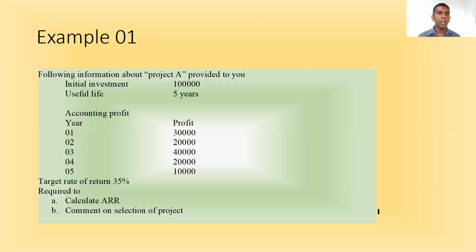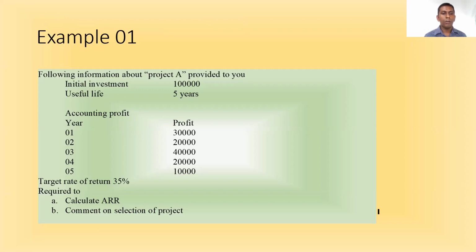Okay, my dear students, look at it. The following information about the project is provided to you. Initial investment is 100,000 rupees, useful life 5 years, and accounting profits are given. We do not have any problems, because based on the accounting profits we are going to calculate the accounting rate of return. The useful life is 5 years, so the 5 years of profit are given. The target rate of return is 35%.